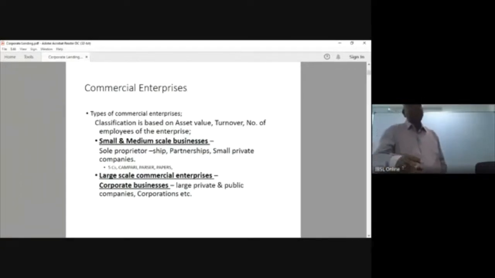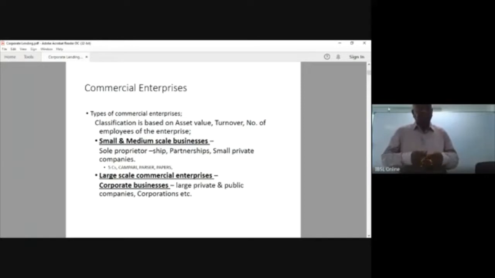The credit evaluation of the requirements of small and medium scale enterprises, we have already seen when we did consumer credit evaluation: the 5 C's method. We can add one more C, cash flow, and make it 6 C's, and then it can be used for credit evaluation of small and medium scale businesses also.